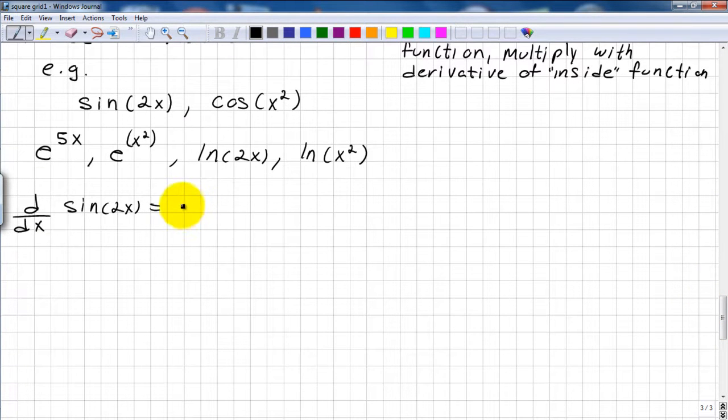So the derivative of the outside function, which is sine, would be cosine of 2x. So at this point you don't touch the inside function, just the outside function. That's why cosine of 2x times the derivative of the inside function.